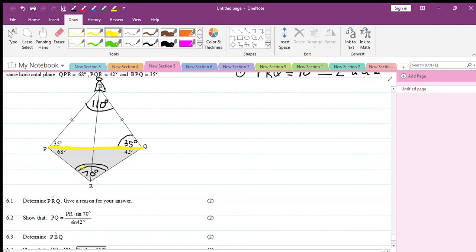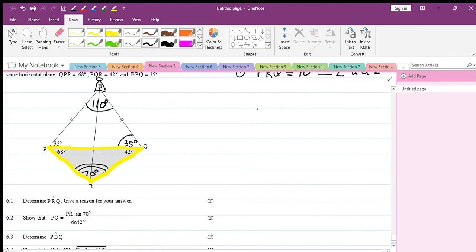We've already indicated 70 degrees. And PR is there. And then 42 degrees is there. So what does it tell us? That we need to use triangle PRQ to answer the second question.